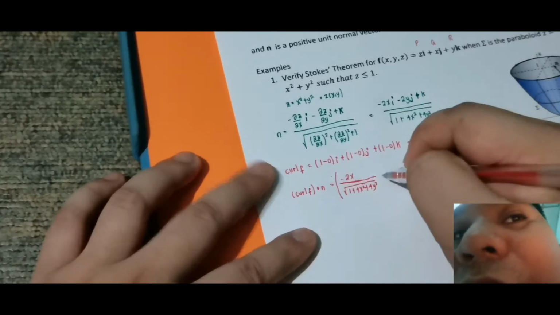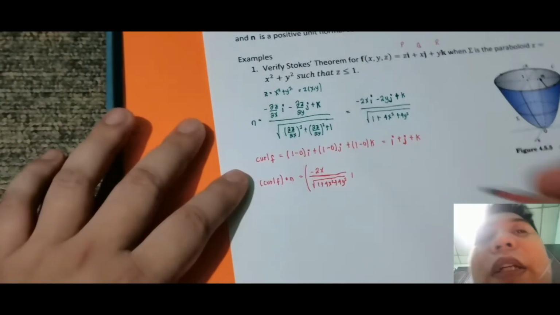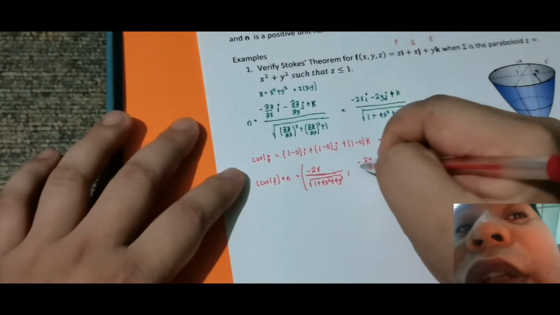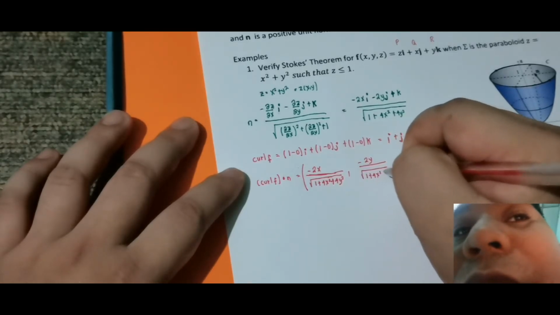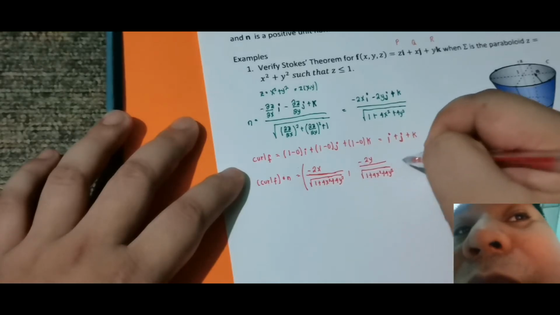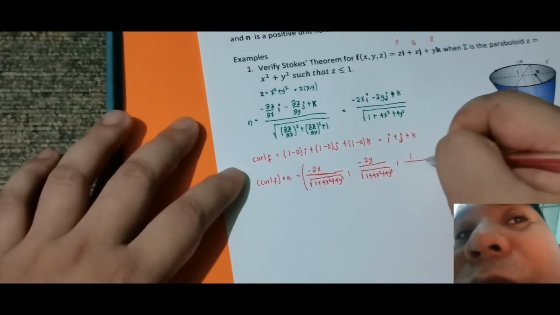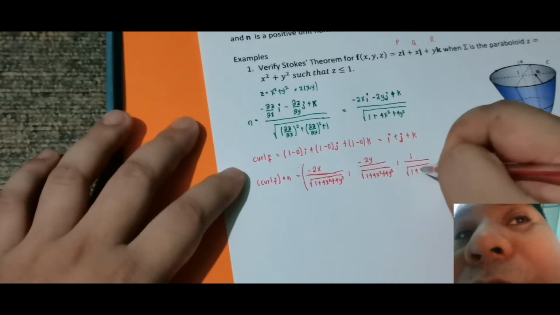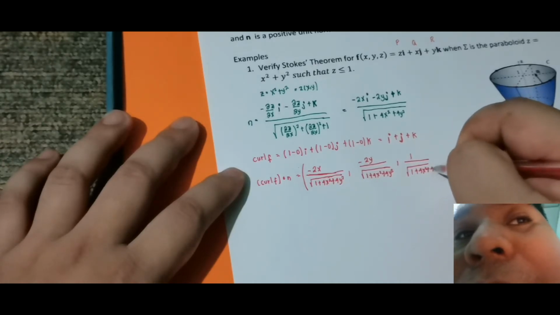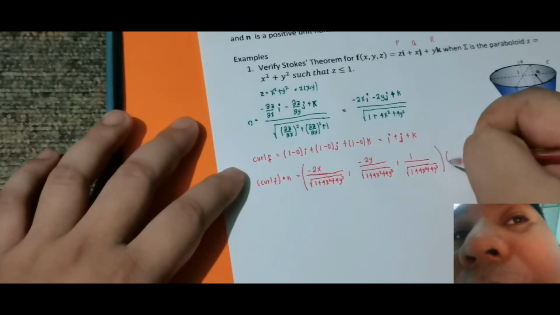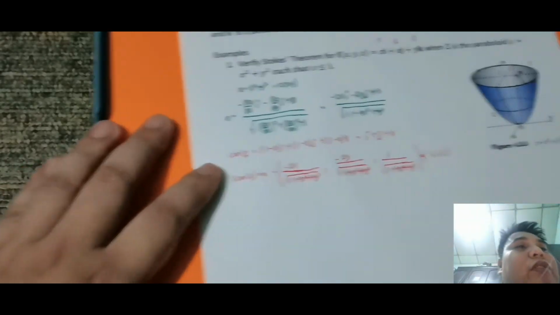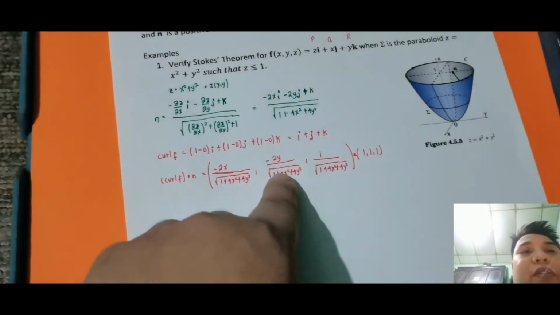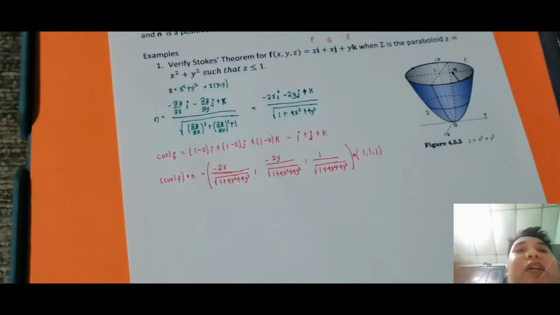I'll make it a vector form: negative 2y, so I removed the ijk, over the square root of 1 plus 4x squared plus 4y squared, comma, 1 over the square root of 1 plus 4x squared plus 4y squared. Multiplied by this, which is just 1, 1, 1. So this is a dot product. Note that a dot product is this multiplied by that, plus this multiplied by that, plus this multiplied by that.